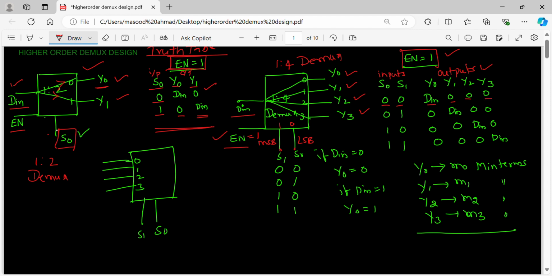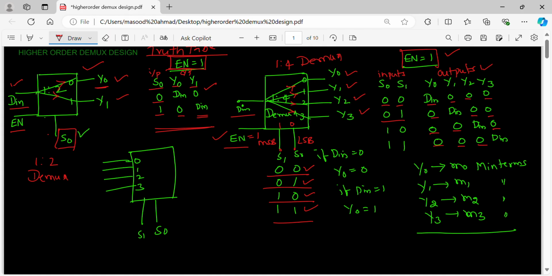For 0 1, what I am choosing from the selection lines is whether D in is to be passed to Y0 or Y1 or Y2 or Y3. For 0 0, it is passed to Y0. For 0 1, Y1. For 1 0, Y2. For 1 1, Y3. What about the rest of the lines? The rest of the lines are 0. Say for example 1 1, D in is available at Y3, but the rest of the lines are 0.